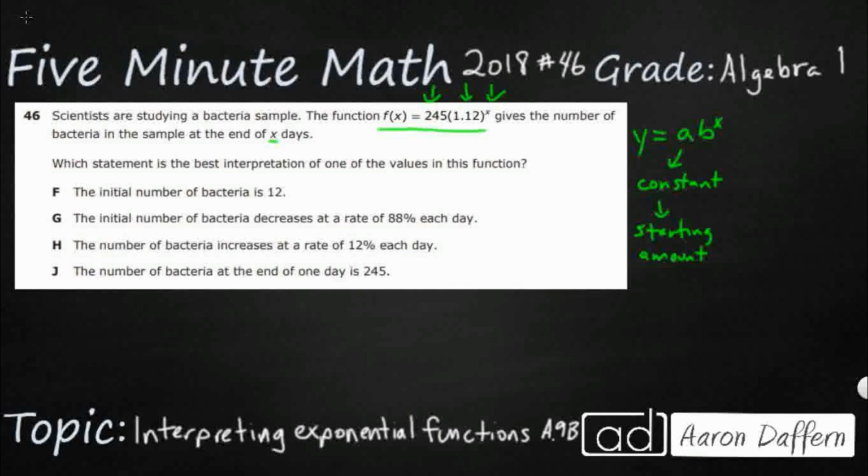Then you've got this b right here. This is the one that is going to be raised to the x power. This is typically going to be a rate, a growth rate or a decay rate, depending on whether the population is growing or getting smaller. What we're typically going to do is add 1 plus the actual rate.